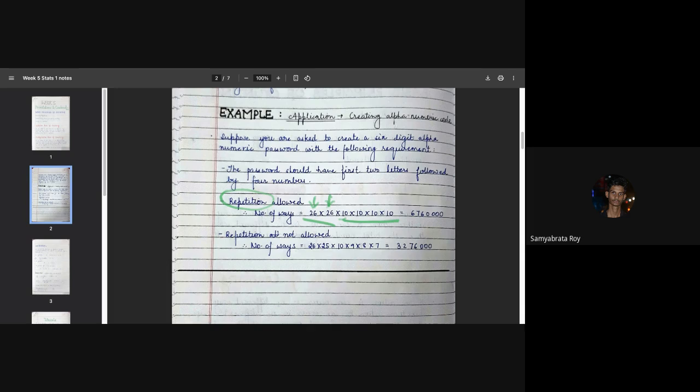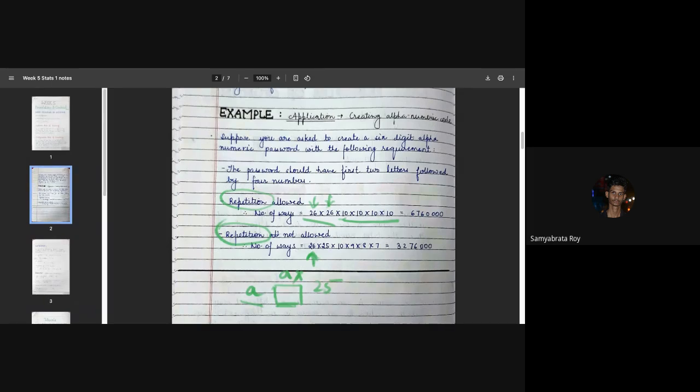Now, if I am not allowing the repetition, suppose a particular letter is being used. Suppose I have placed A over here. I cannot use A in this place. A is being forbidden to be used. So I am available with 25 choices of the letters, right?